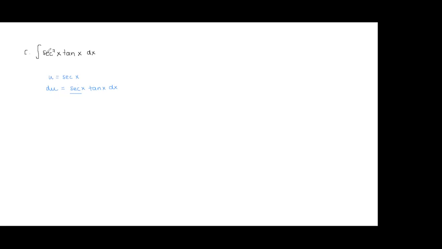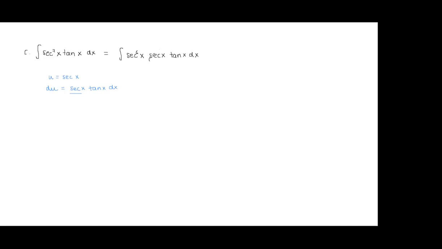So that means I'm going to have to break this secant to the power of 7 into secant to the power of 6, and then another secant, because the second part I'm going to use in order to replace the du. So I'm going to rewrite this integral as the integral of secant of x to the power of 6 times secant of x times tangent of x dx.